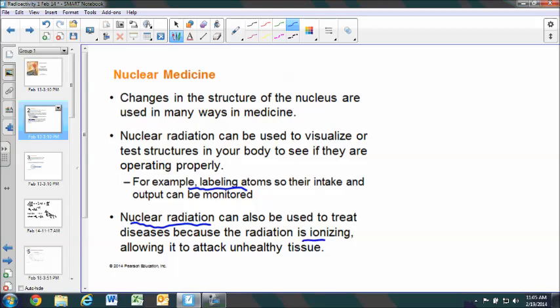So this ionizing property, which means that when you have one of these particles going through, let's say that this is one of the particles going in that direction, or one of the radiations there, and you have an atom with the electrons around it, it can knock off some of the electrons, and then it will make this atom an ion, and then the behavior of the atom as ion in the organism is going to be different, right? So one of the things that can happen, for instance, is that radiation may cause cancer, right? So you have to be careful with that and so on.